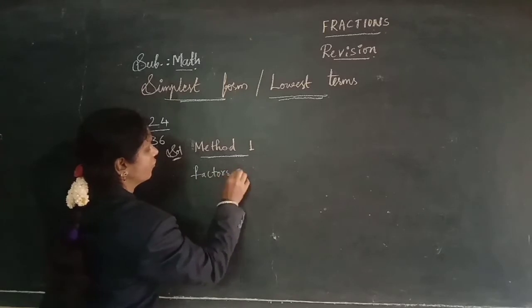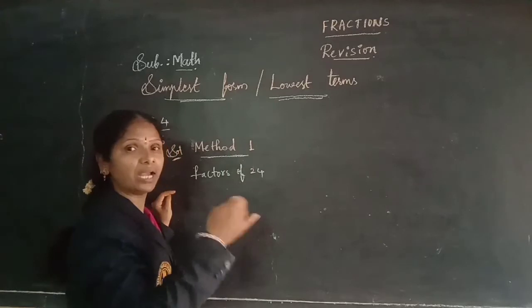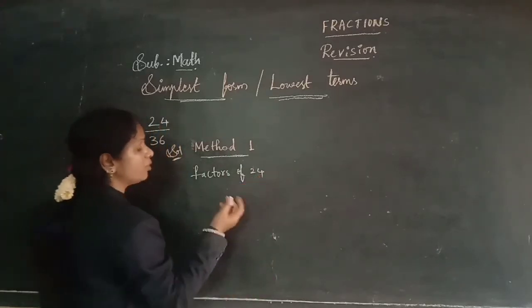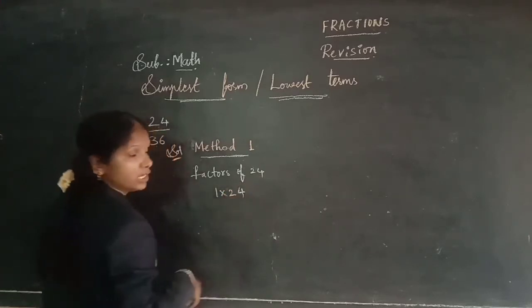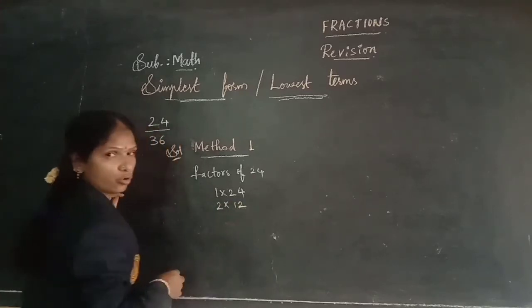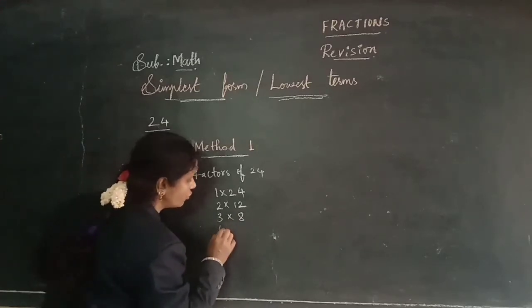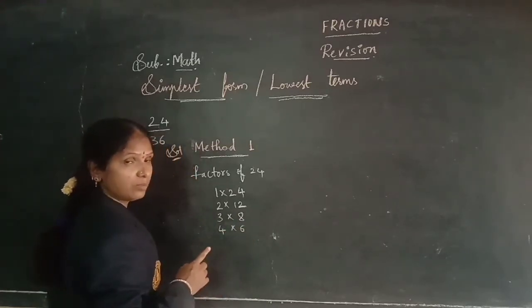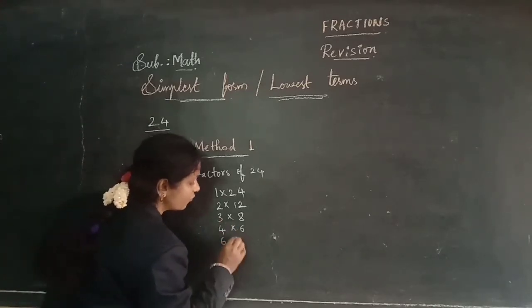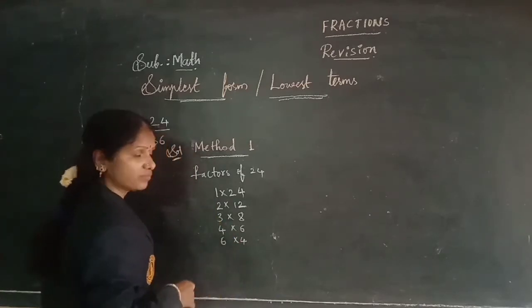Factors of 24 means we need to check which tables 24 comes in. In the 1 table obviously you will get 1 times 24 is 24, and in the 2 table, 2 twelves are 24, 3 table, 3 eights are 24, 4 table, 4 sixes are 24. The 5 table it won't come, children, so we are not selecting the 5 table. Next, 6 fours are 24. Here 6 and 4 are repeated, children.